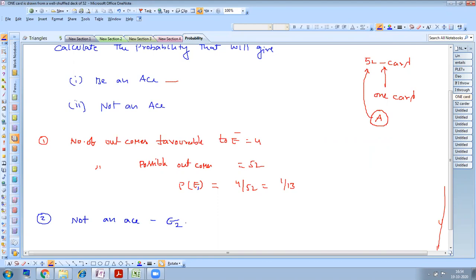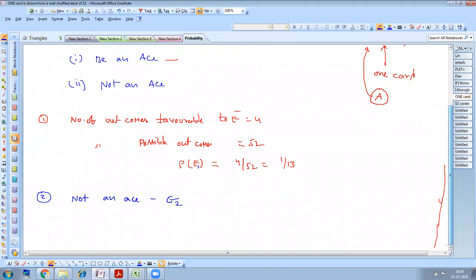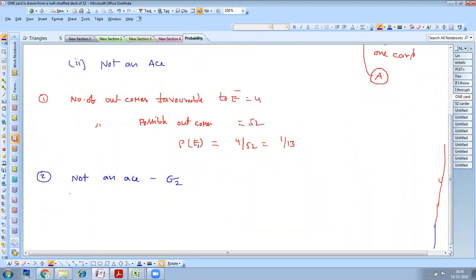If I remove all aces from the shuffled pack, how many cards will remain? 48. The number of outcomes favorable to E2 is 48. Total is 52. So the probability of getting event E2 will be 48 by 52, that is equal to 12 by 13.